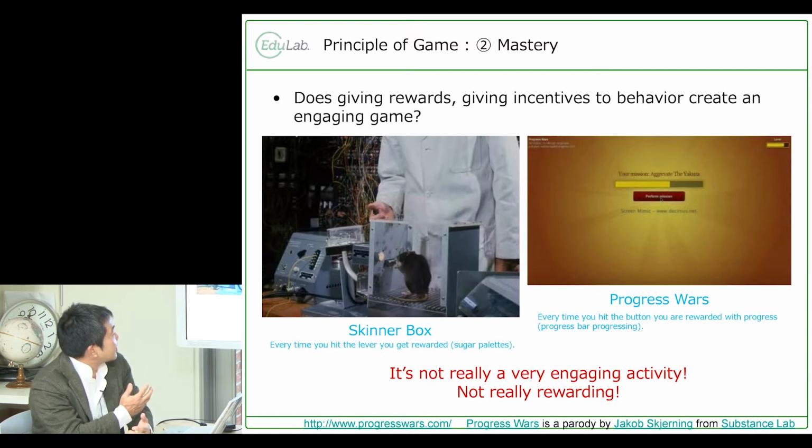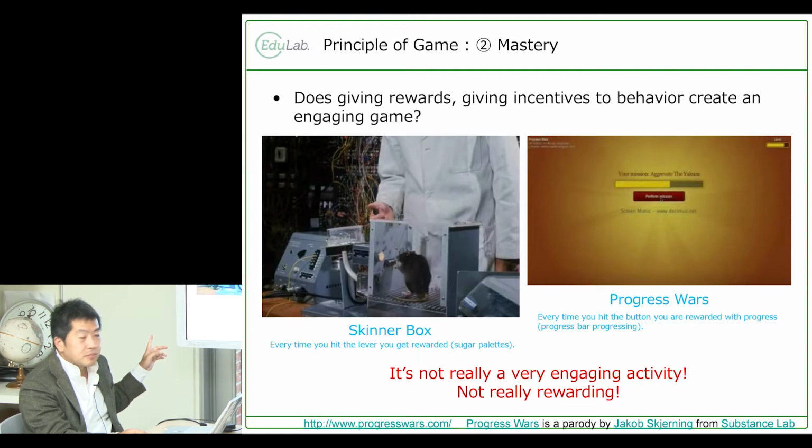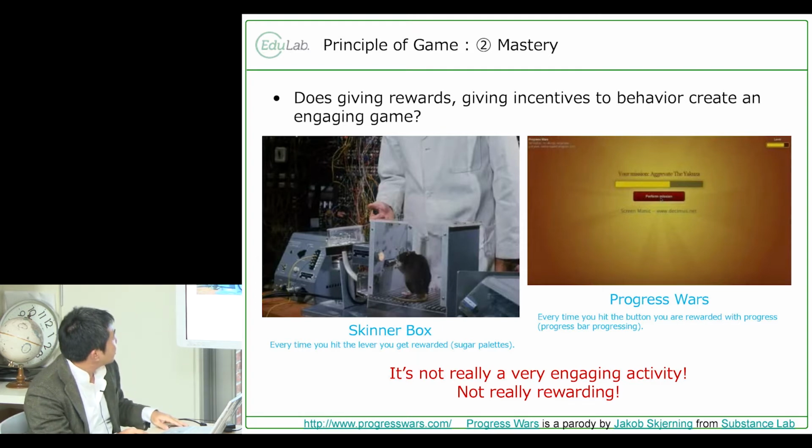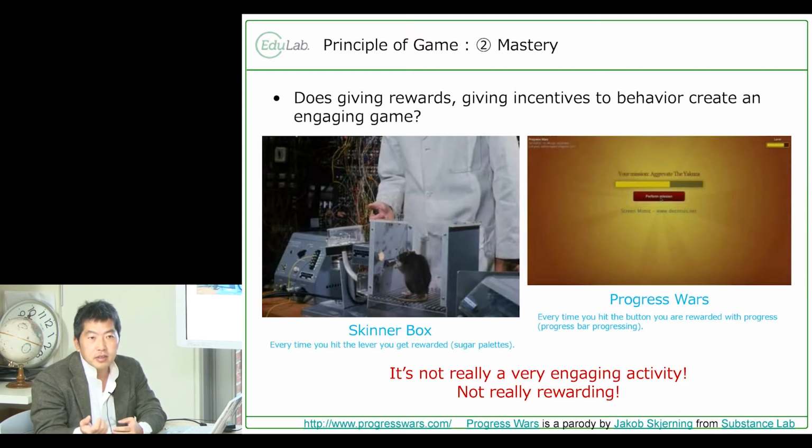This is a very interesting example. On the left, does everyone know about the Skinner box? What the mouse here is doing is that he knows when he touches a lever, a sugar pellet comes out. And you know, a mouse loves the sugar pellet, so he keeps on hitting it. So the sugar pellet is a reward.